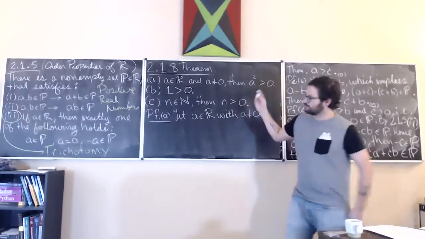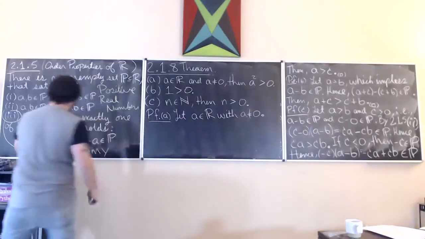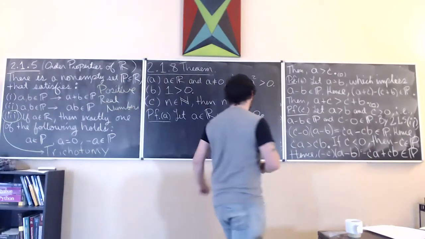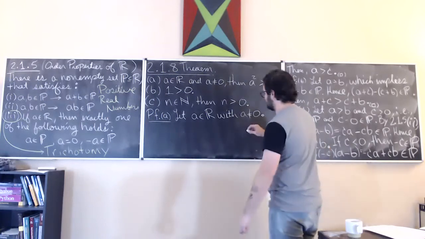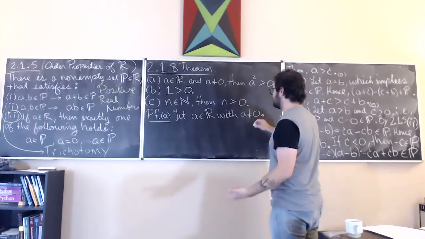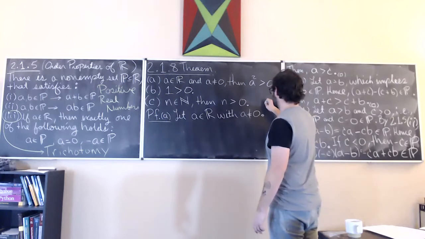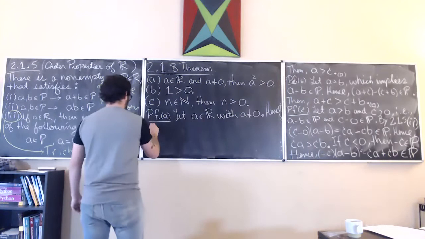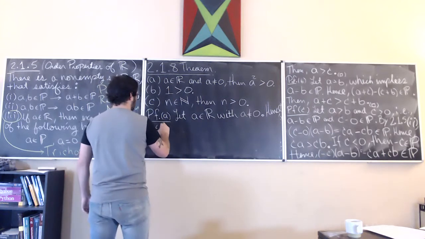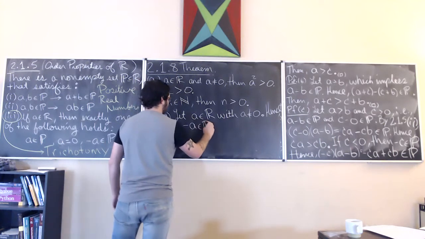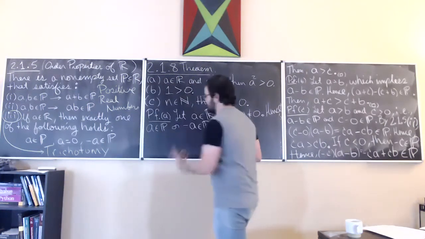By the trichotomy property, since A is not 0, A is either in P or A is not in P. If I had room, I would say by trichotomy, but I'm just going to say hence A is in P or negative A is in P. So we have two cases to consider.